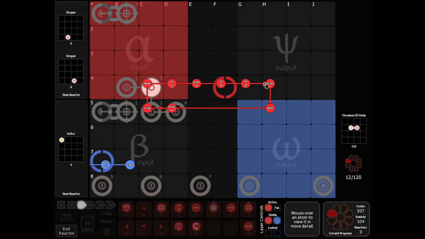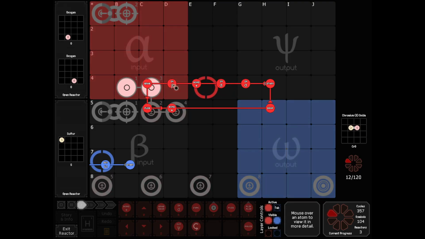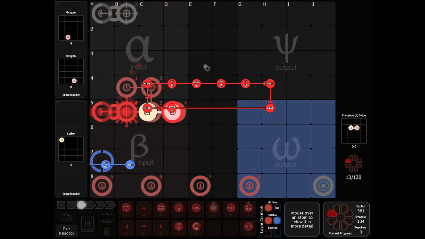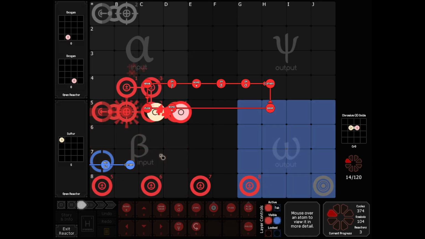Now this last reactor, it just inputs 2 input alpha and 1 input beta. And yeah, the blue Waldo doesn't even really do anything, it just sits on output.